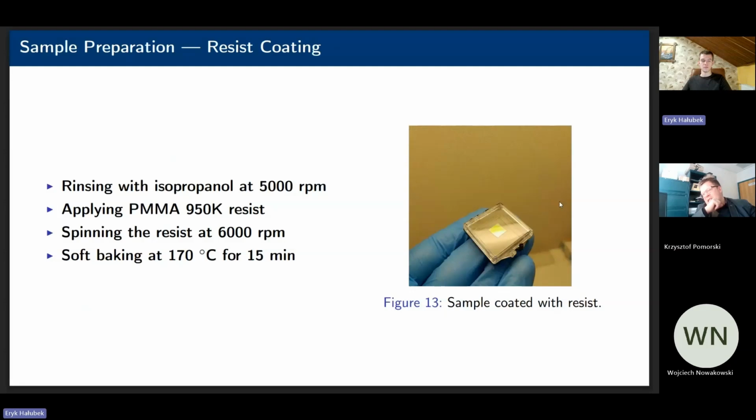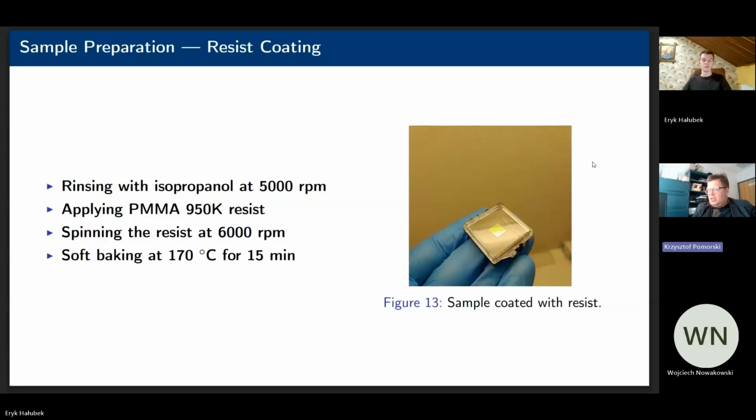So before applying resist onto our square, you can see here in this figure, we usually additionally clean it with isopropanol by spinning it on our spinner at around 5,000 RPM, and then we apply 3 drops of PMMA 950K resist.